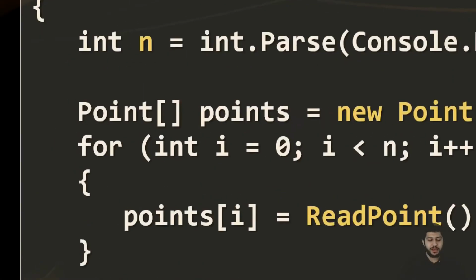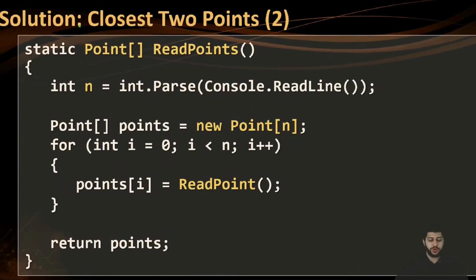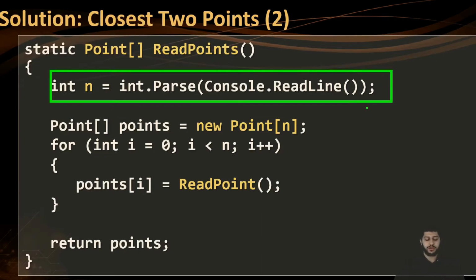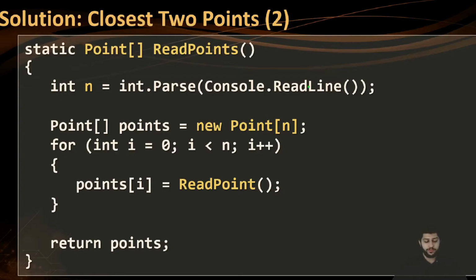What happens next is the read point method that we created previously reads the 2 integers from the line and creates a point object, returns it back to us, and we do something with it. Okay?